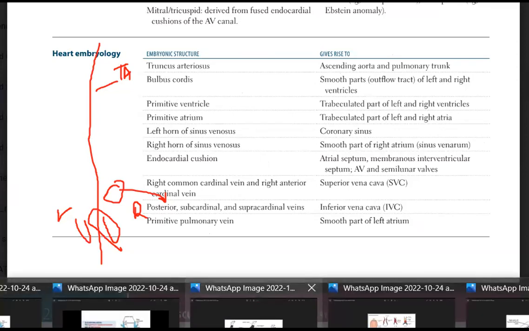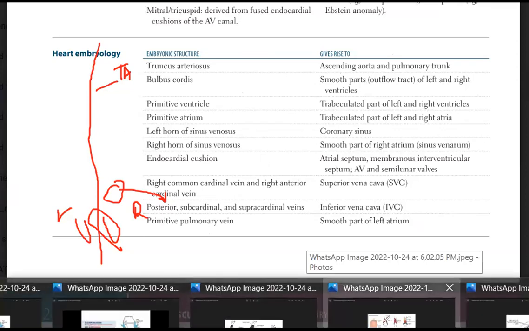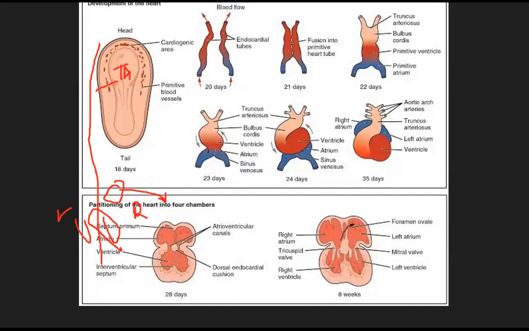Before moving to the endocardial cushion, I want to show you looping, because another topic from First Aid is looping.